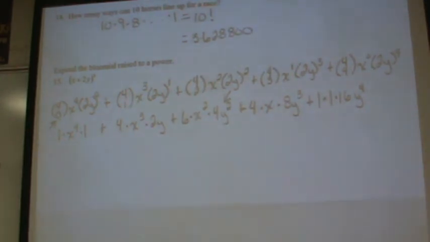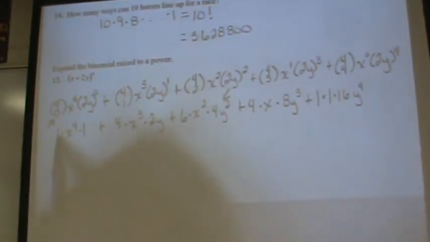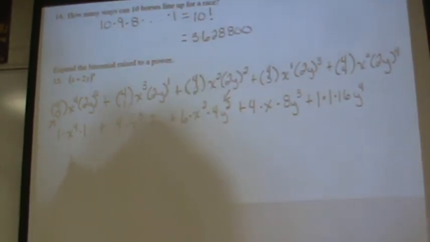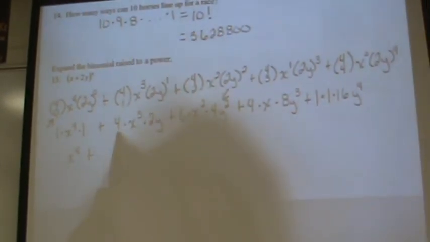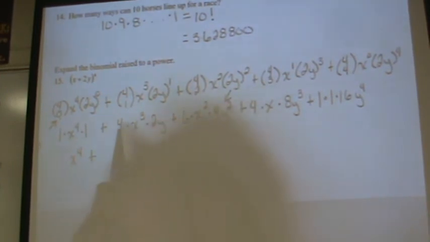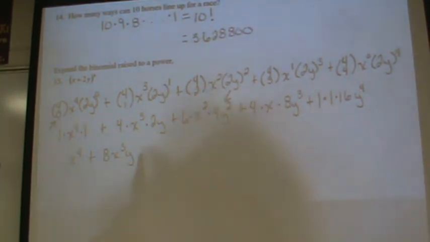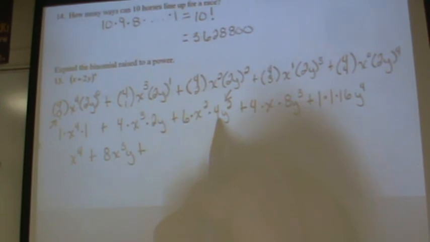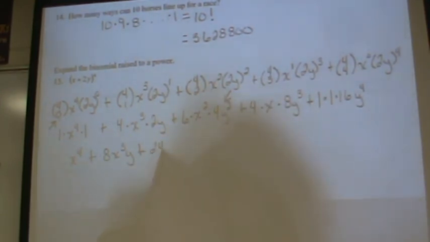So now going back and multiplying our numbers through, we have 1 times x to the 4th, which is just x to the 4th, plus 4, and we have a 2 over here with our y, so we have 4 times 2 is 8, and we have our x cubed still, and our y. Our next term, we have a 6 and we also have a 4 here. So 6 times 4 is 24.